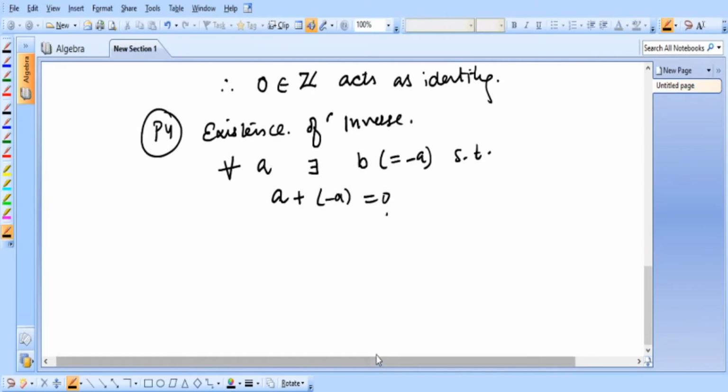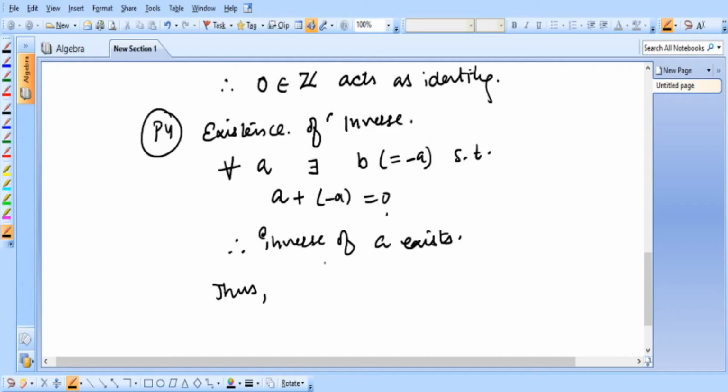inverse of a exists, right? Thus all four properties have been satisfied by this group.